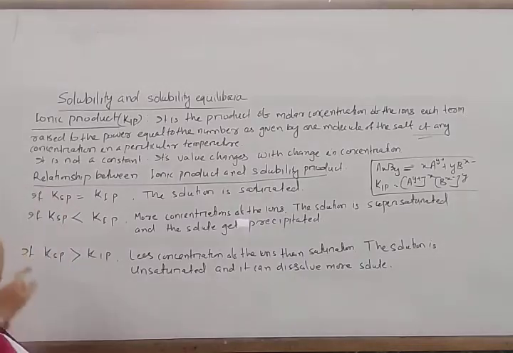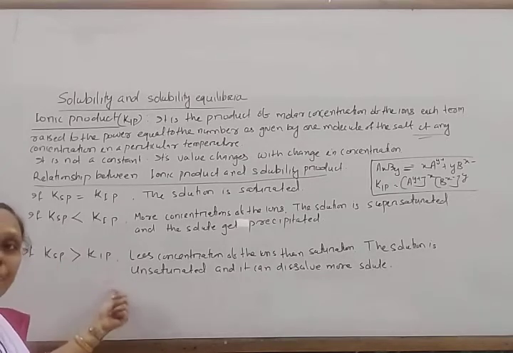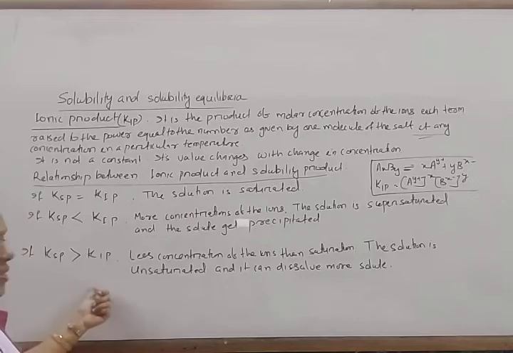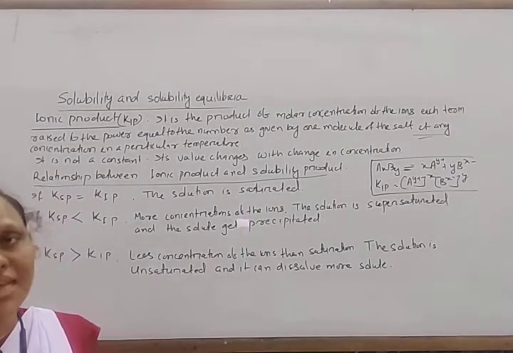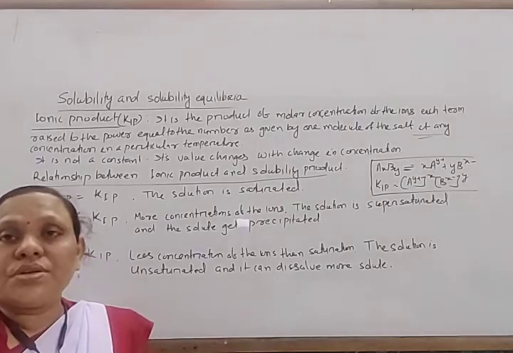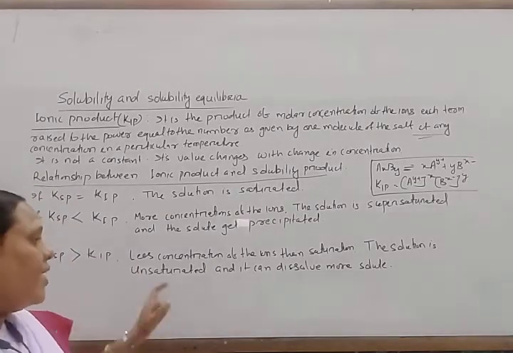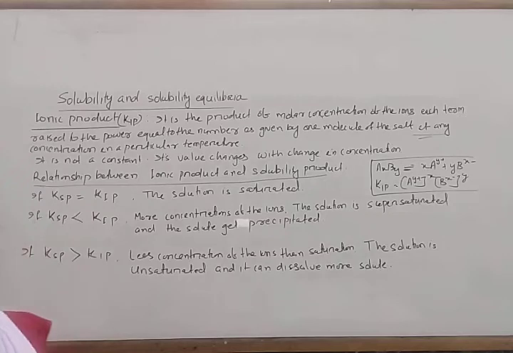If Ksp is greater than Kip, that is, the ionic product is less than the solubility product, then the solution has a lower concentration of these ions, meaning it is unsaturated and can dissolve more solute. So note down this.